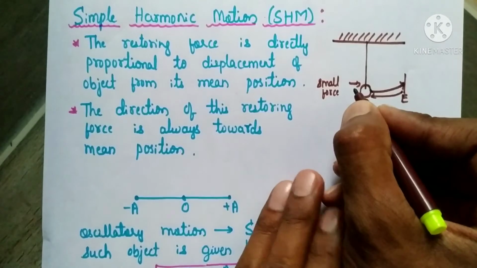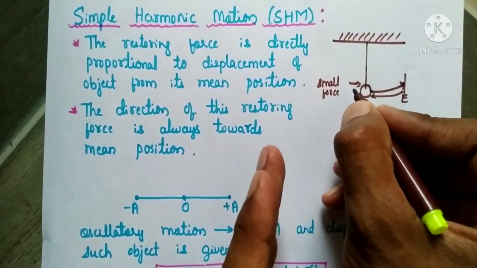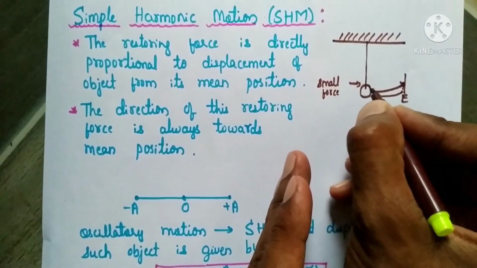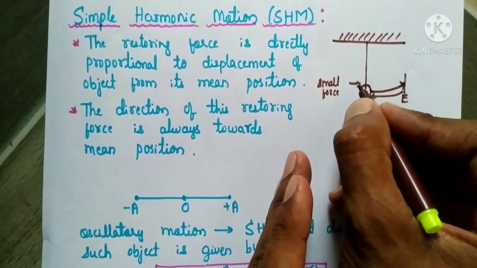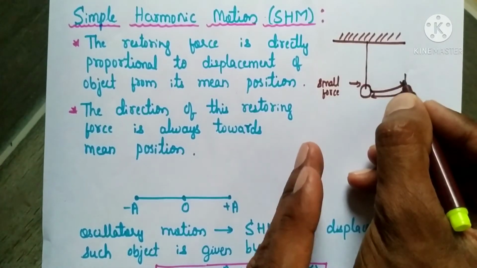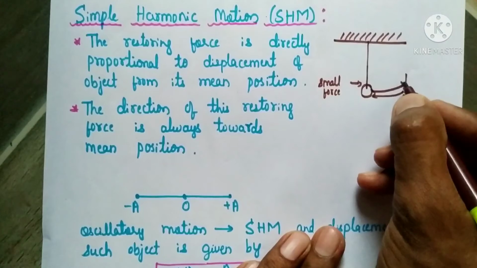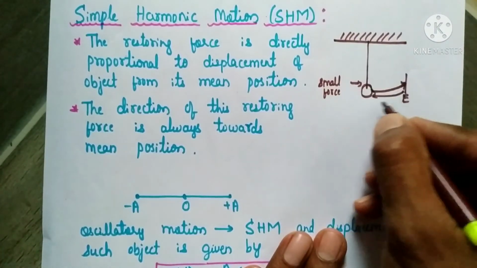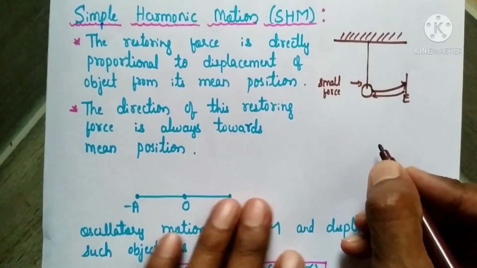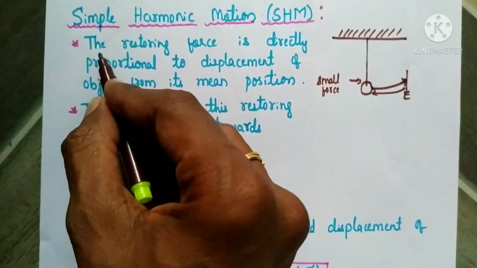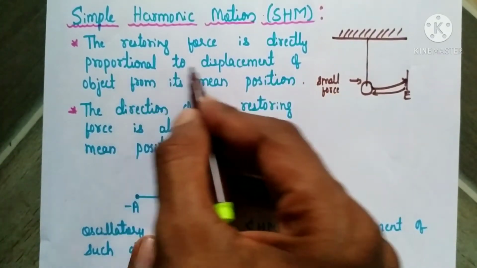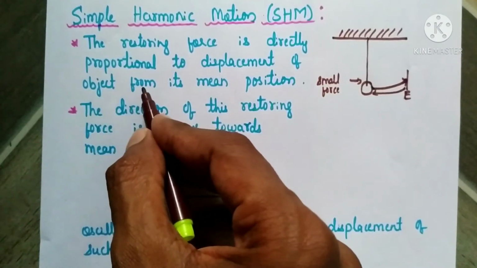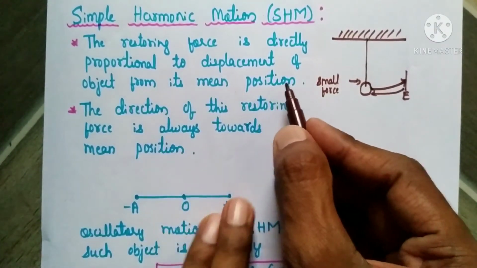I have applied the force from left to right, but the direction of the restoring force is from right to left. So this is for a small force. So the first condition is that the restoring force is directly proportional to the displacement of the object from its mean position.